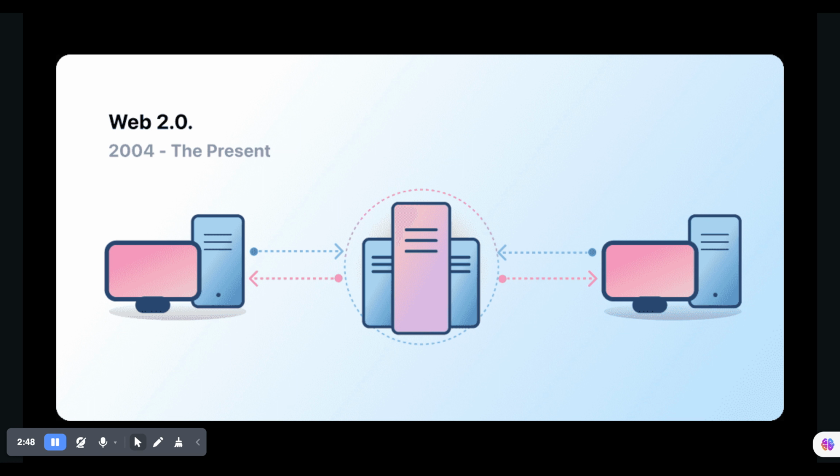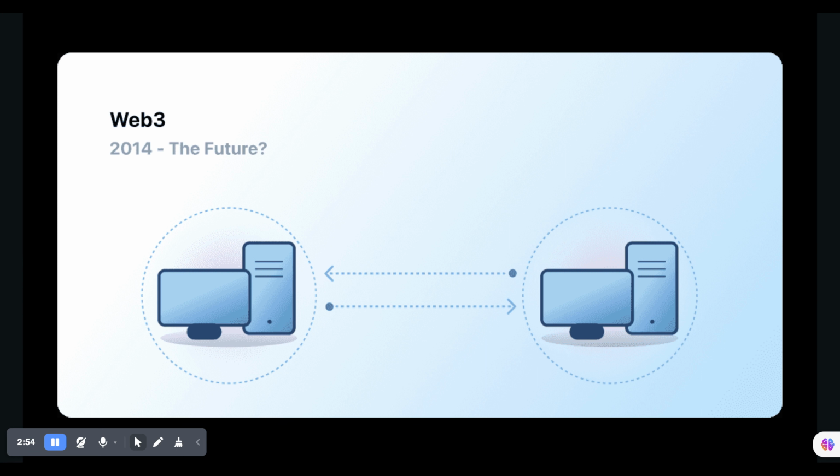That was from 2004 down to the present. But then there's now a slight upgrade to Web 2, which is Web 3, which includes read, write, and own. So we could read, we could also contribute to the space, and of course, we can also own the content, as we see in different use cases from the blockchain space.